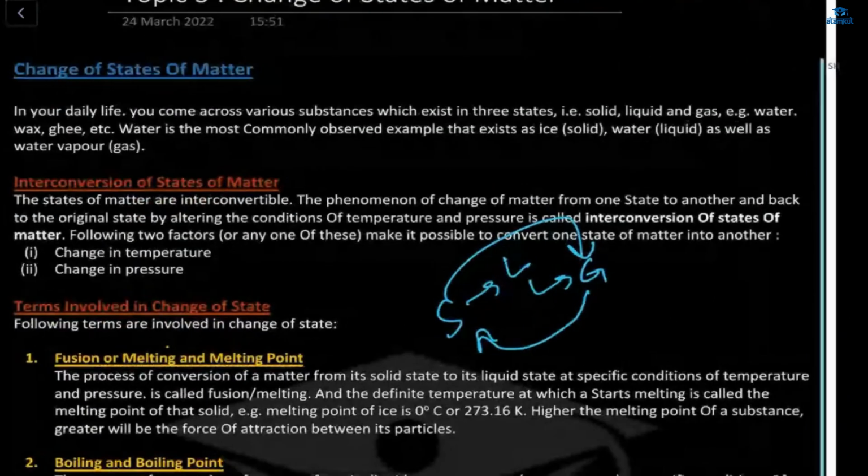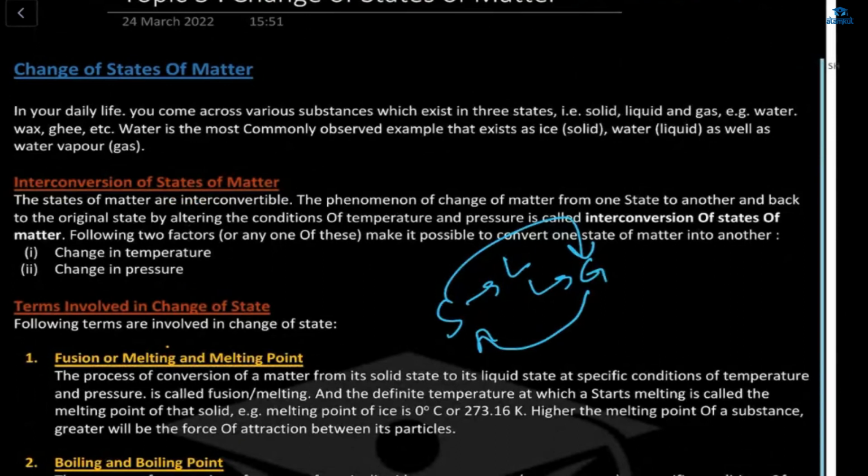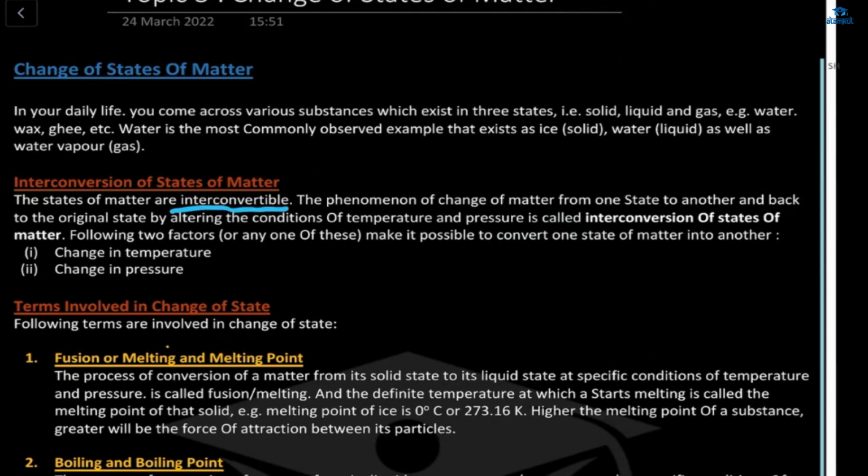So what is interconversion of states of matter? The states of matter are interconvertible. The phenomenon of change of matter from one state to another and back to the original by altering the condition of temperature and pressure is known as interconversion of states of matter.